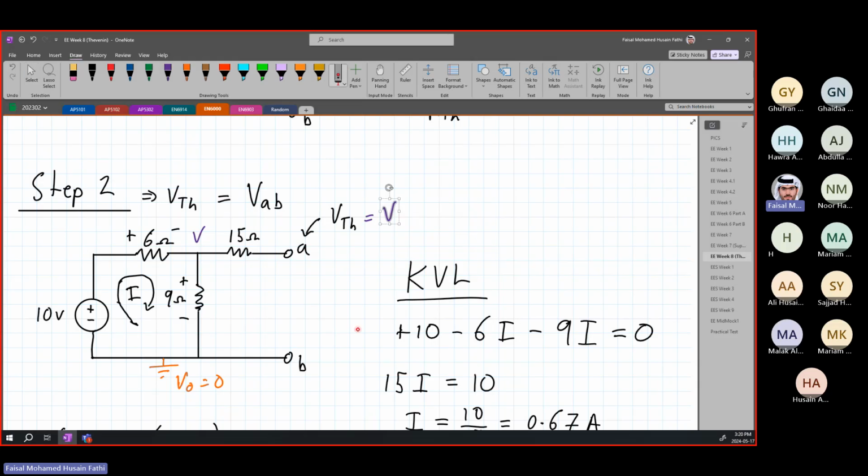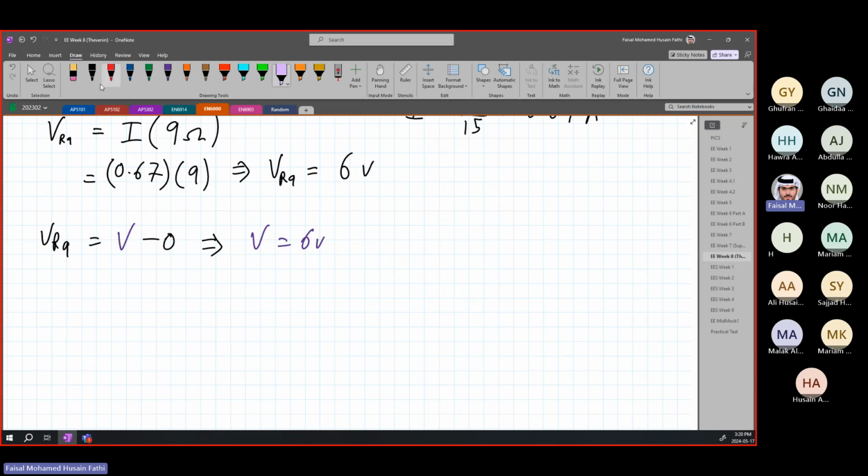So this resistor has no effect on the voltage. There is no voltage drop due to this resistance. Therefore, V is going to be equal to VThevenin. The voltage here is all the same. This is the whole idea. So now we have found our VThevenin, which is equal to 6 volts.